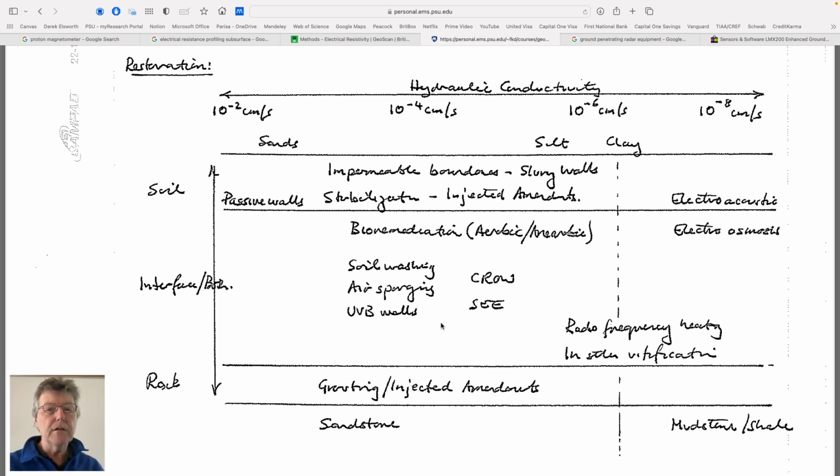And so you can think about the different remediation methods, 4 of which you'll be looking at in your groups, and how well they would work in terms of the logic of transport in different conductivity materials, capillary characteristics in different conductivity materials, and their proximity kind of to the surface, right? We only get rock at depth. Some things like excavating you can't do with a backhoe in rock, and so some of these things only apply in shallow locations or in deep locations.